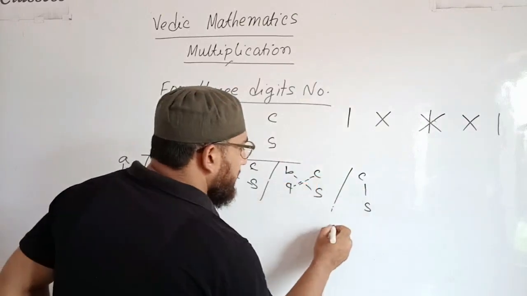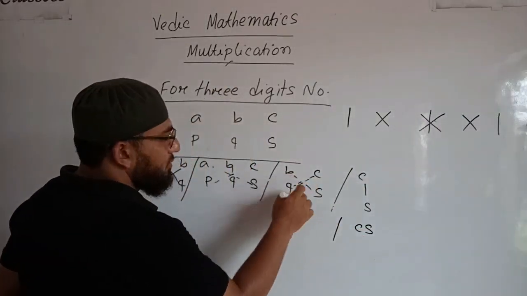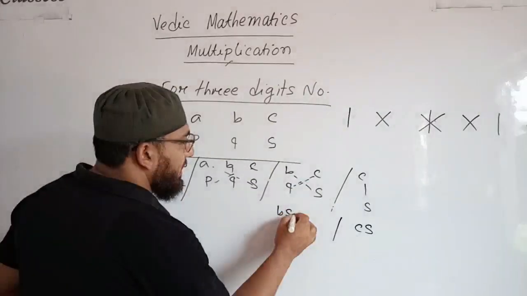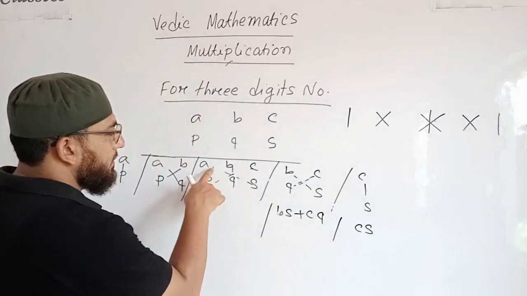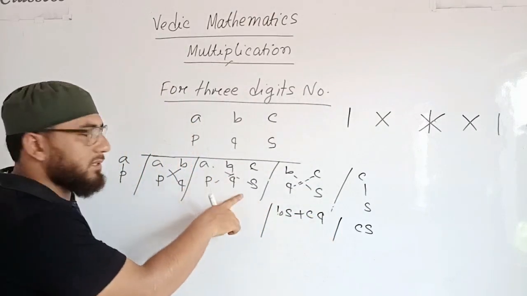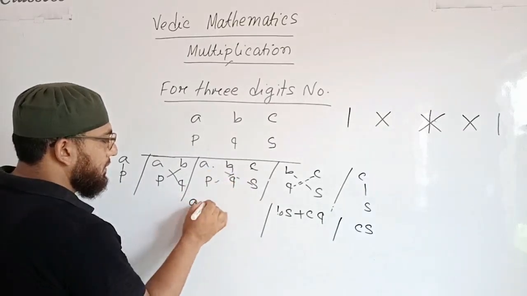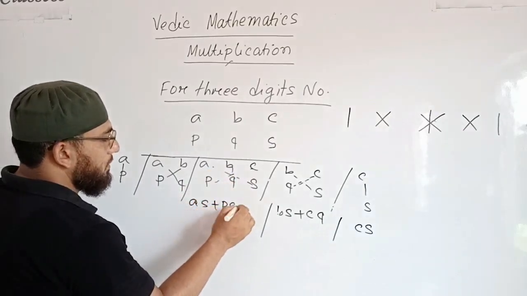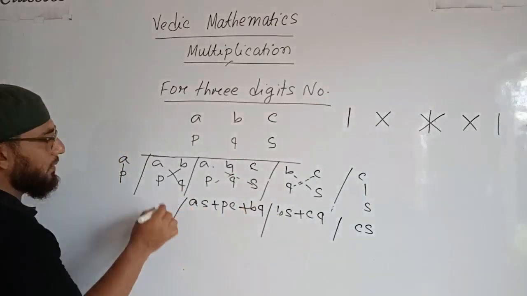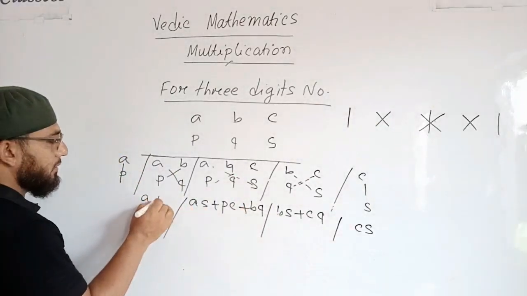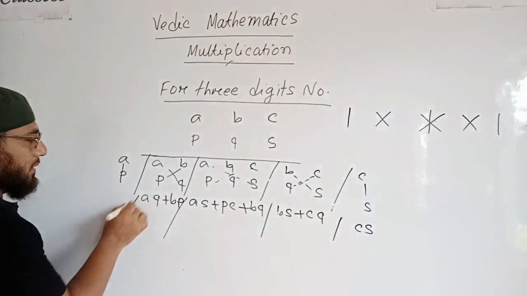So here will be CS if you multiply, and crosswise multiplication will give you BS plus CQ. Then here vertical with crosswise, AS plus BQ plus CP. Here crosswise AQ plus BP, and here AP.